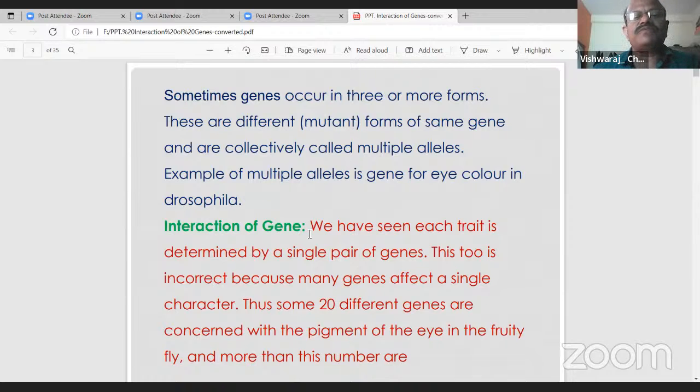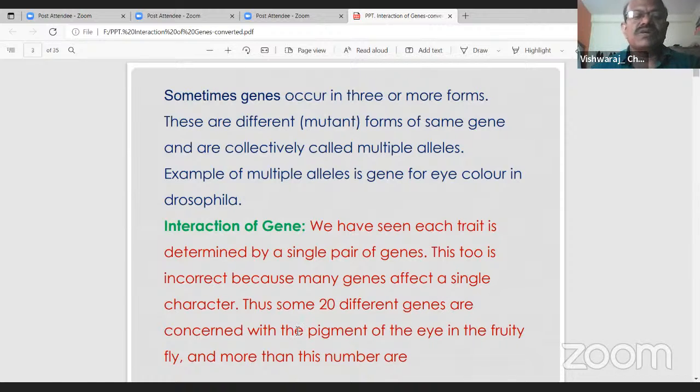Then, interaction of genes. We have seen each trait or character is determined by a single pair of genes. This too is incorrect, because in some species many genes affect a single character.